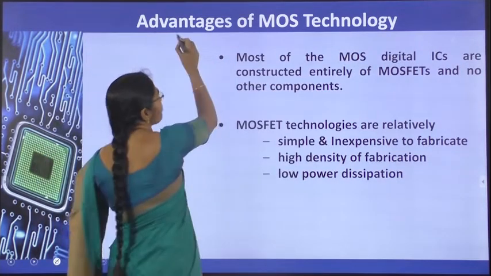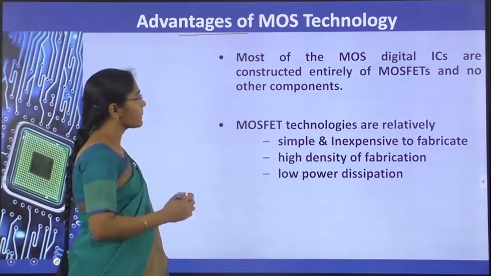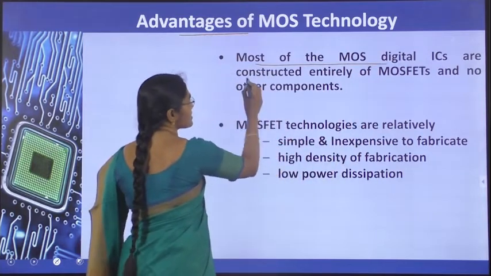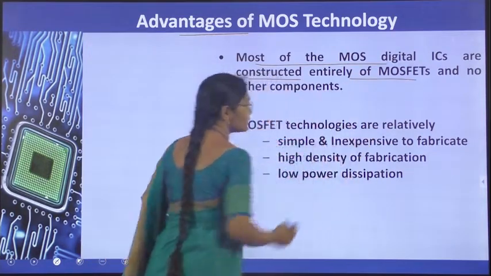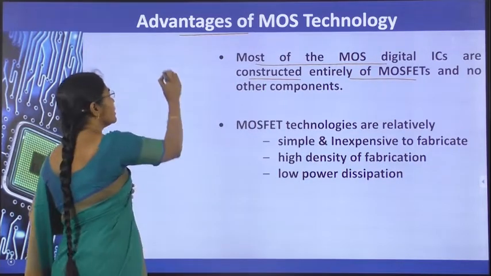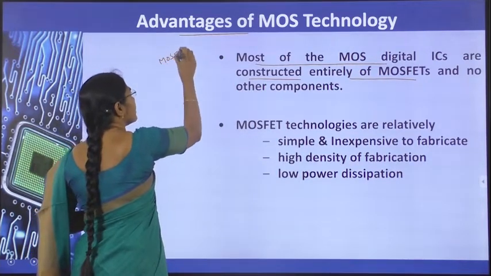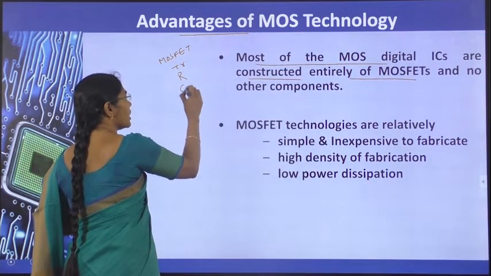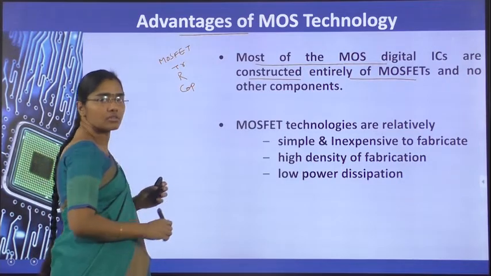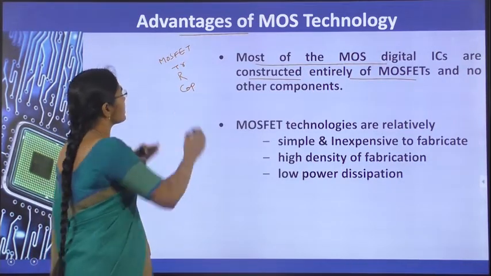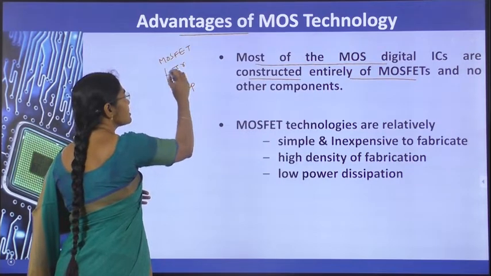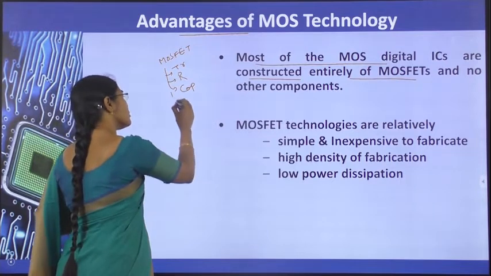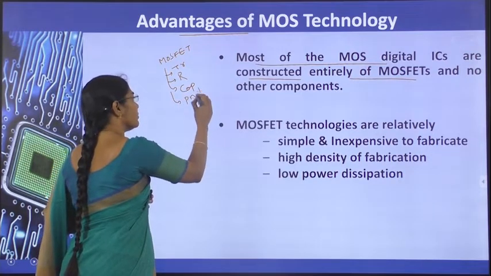The advantages of PMOS technology are: most of the PMOS digital ICs are constructed entirely of MOSFETs. That means the MOSFET can act as a transistor, a resistor, a capacitor, etc. The same MOSFET can be used as all these active or passive devices, and it can also be used as a diode.